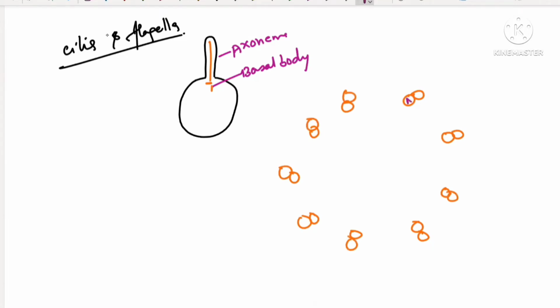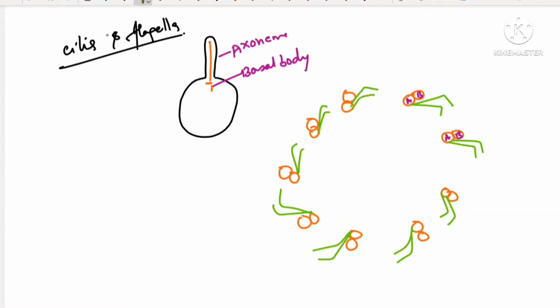And remember, it is A and B. C is not in the diagram, only A and B. Now from the A, make two dyneins, and connect them from the inner one to the B. Clear?